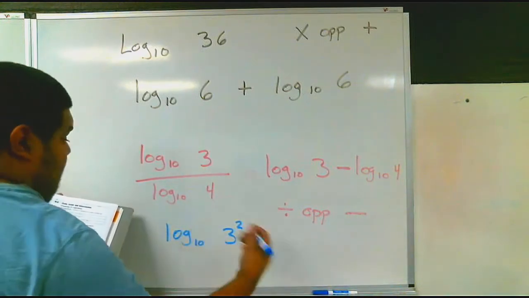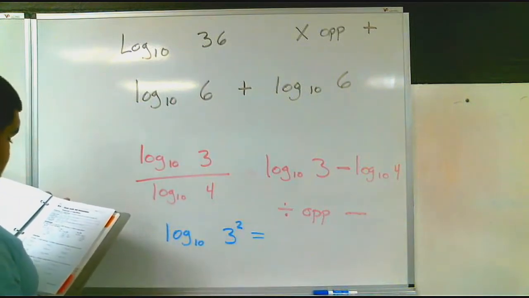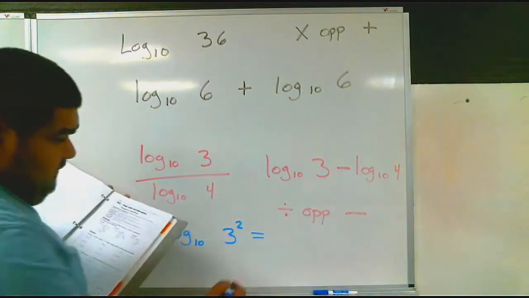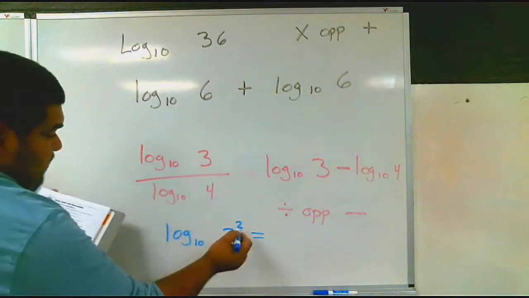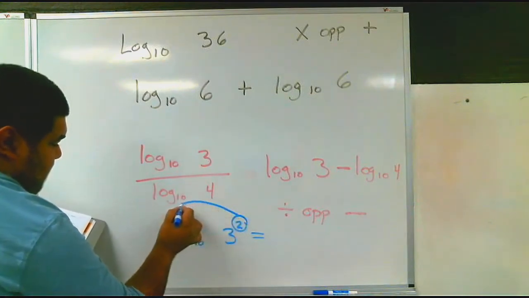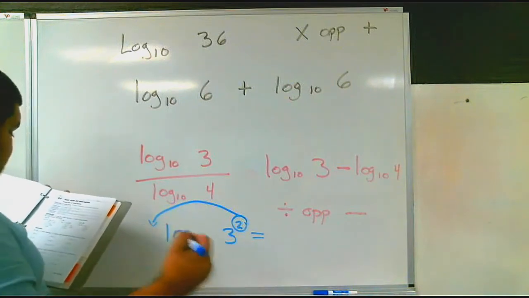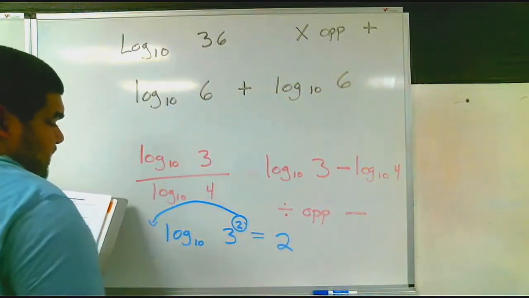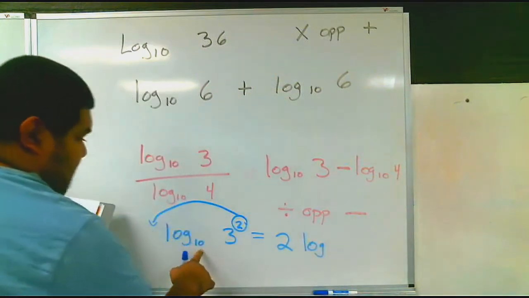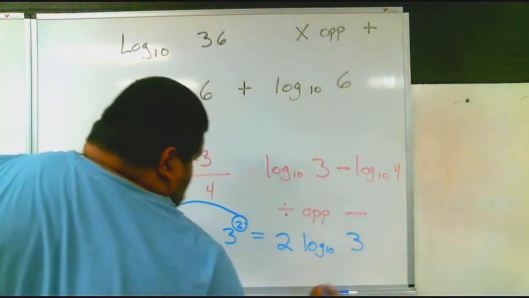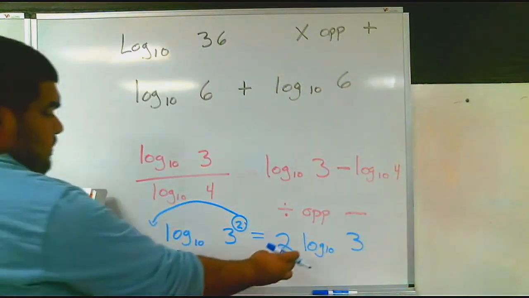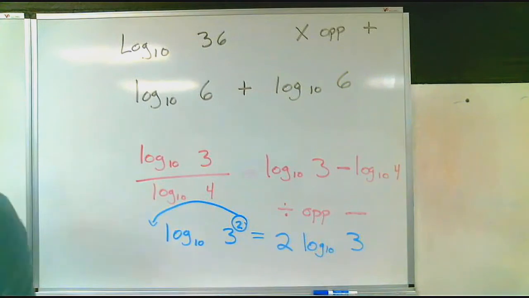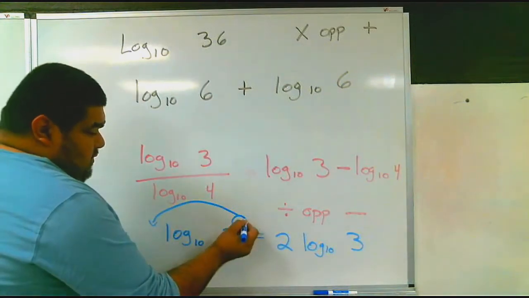All we have to do is get rid of that exponent on top. The way we get rid of this exponent is we move it to the front. So it becomes 2, as a whole number now, no longer an exponent, times log base 10 of 3. That is another rule, for when it comes to exponents.